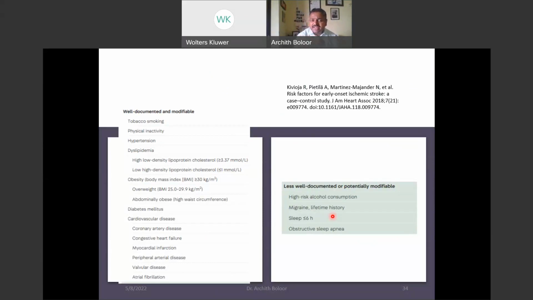The modifiable risk factors like tobacco smoking, physical inactivity, hypertension, the dyslipidemias, obesity, diabetes, and cardiovascular disease. The less well documented modifiable risk factors: high risk alcohol consumption, migraine, sleep less than 6 hours, and obstructive sleep apnea. So these are also potentially modifiable risk factors which we have to consider.